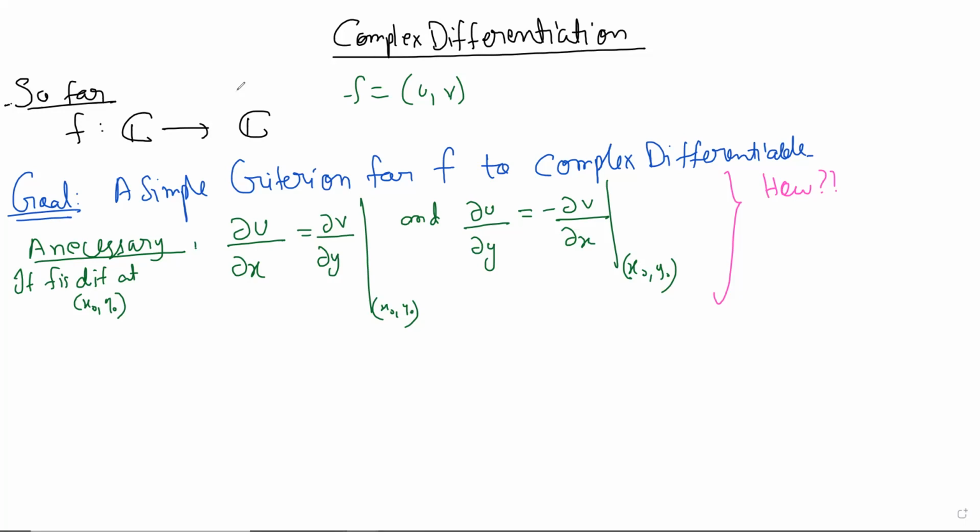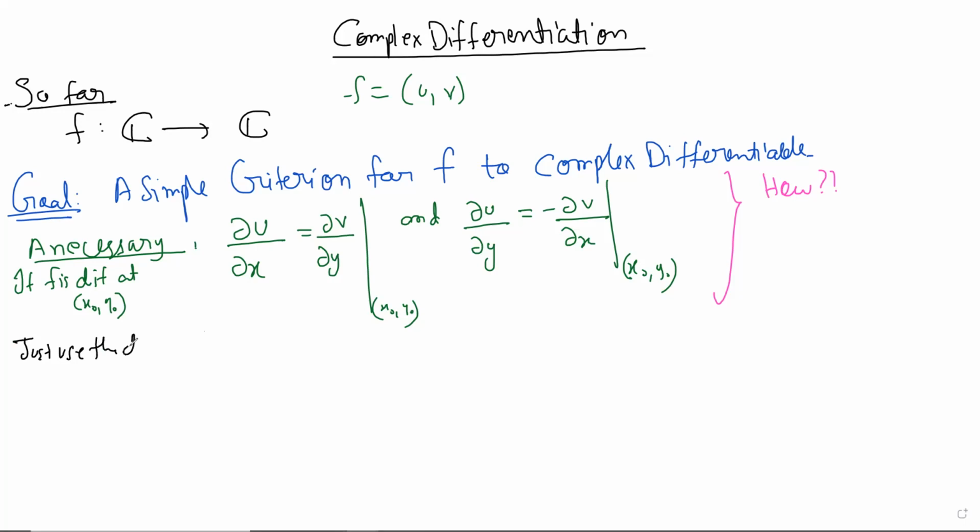So the situation is that we are assuming that f is differentiable, complex differentiable, and we arrive at this. How do we? There are many ways to get it, but the simplest is to just use the definition.